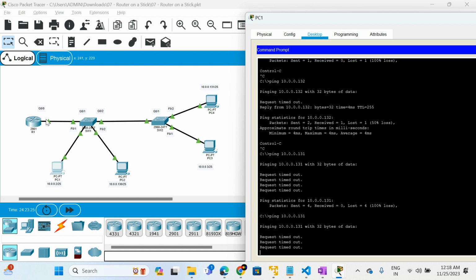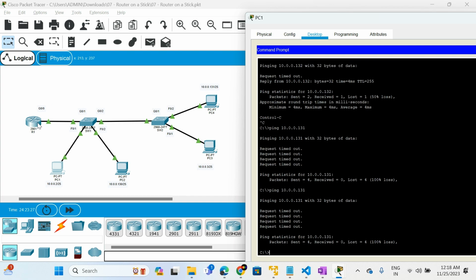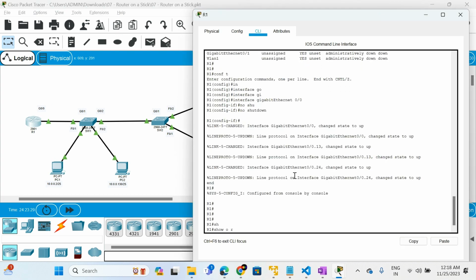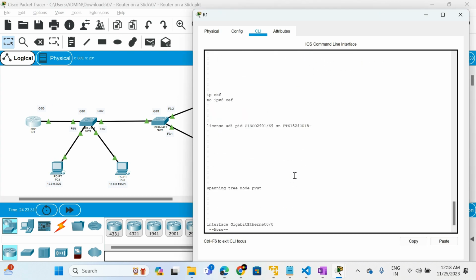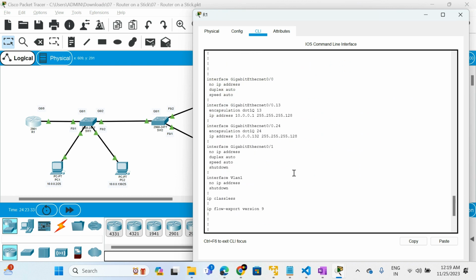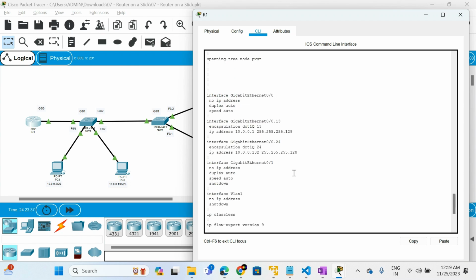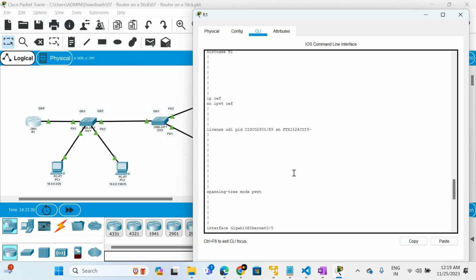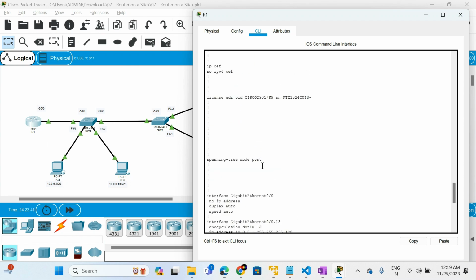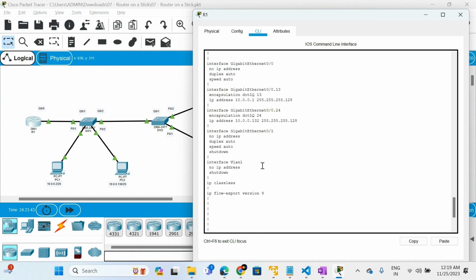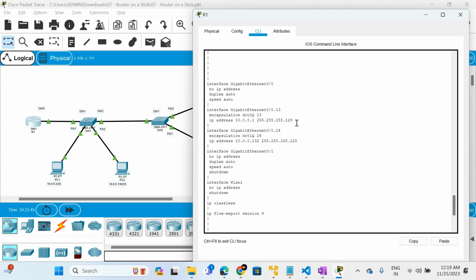Ideally this also should not be reachable, but why it's reachable is that we have configured dot1Q encapsulation, so it may receive according to this.